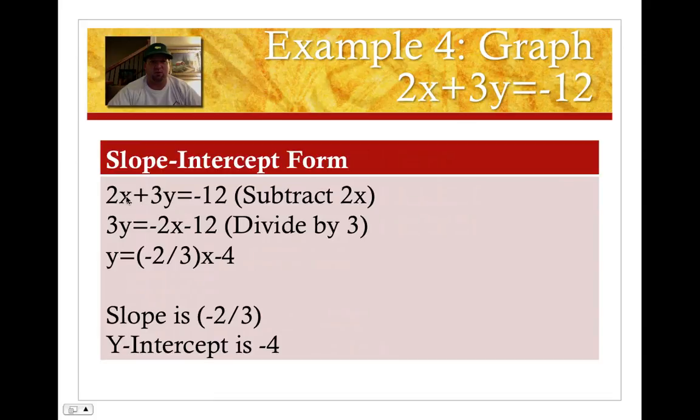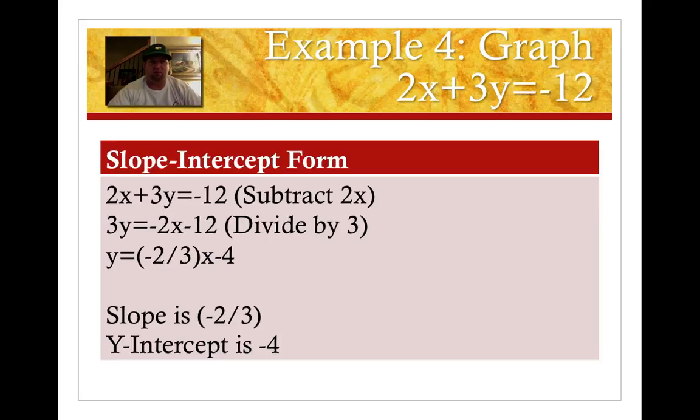The first thing is I want to get rid of the 2x and move it over to the other side, so I'm going to subtract it. Whatever you do to one side, you must do to the other. And I want to put it in the front, because we're trying to get it in mx plus b, so I know the x part needs to come first. The next step after you subtract the 2x is we have to get rid of the 3, and it's attached by multiplication, so you must divide.